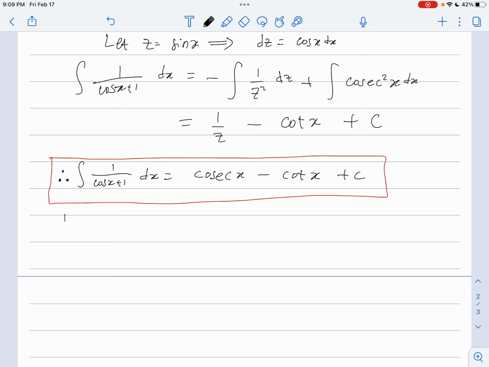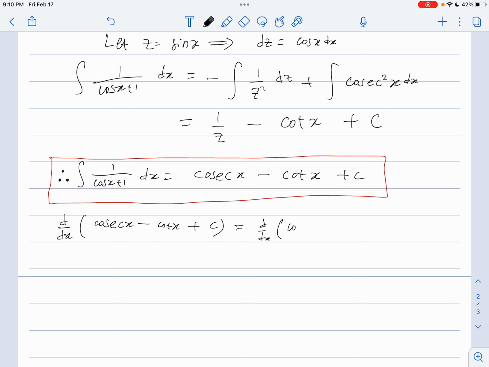What we will get: d/dx of cosine x cotangent x plus c. And you know that the derivative of cosine x is just the derivative, so we just put the derivative inside.